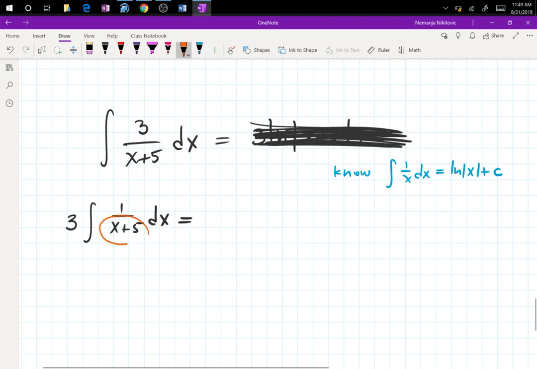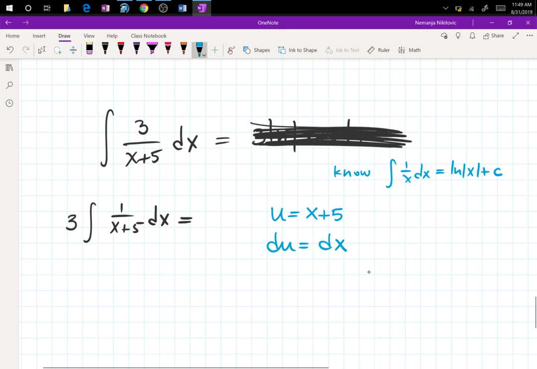You go, if this was one variable, this problem would match this and it would be easy. So you make it one variable. You say u equals x plus 5, and then du is equal to dx. Now this piece is obtained through differentiation.